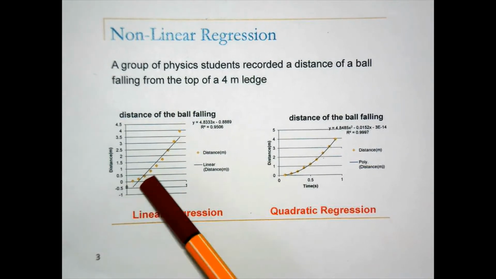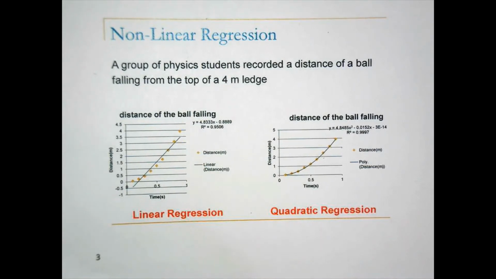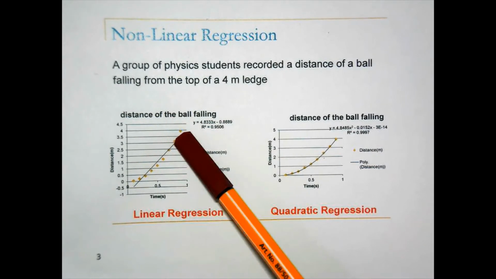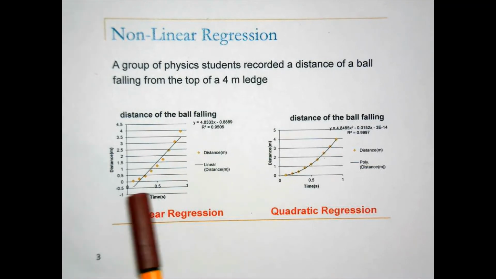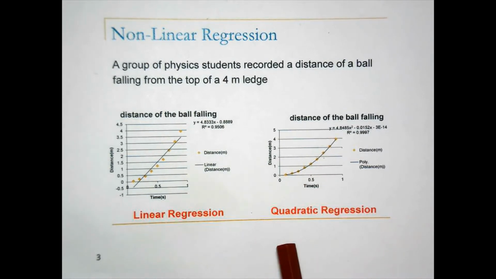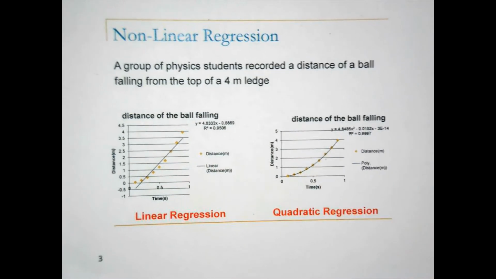Okay, so these dots here represent the scatter plot for our data, and as you can see, if we try to do any kind of line of best fit, a linear regression is not a good model for this data. But if we move from a linear regression into a quadratic regression, you can see that a curve of best fit will be a better model for this data.